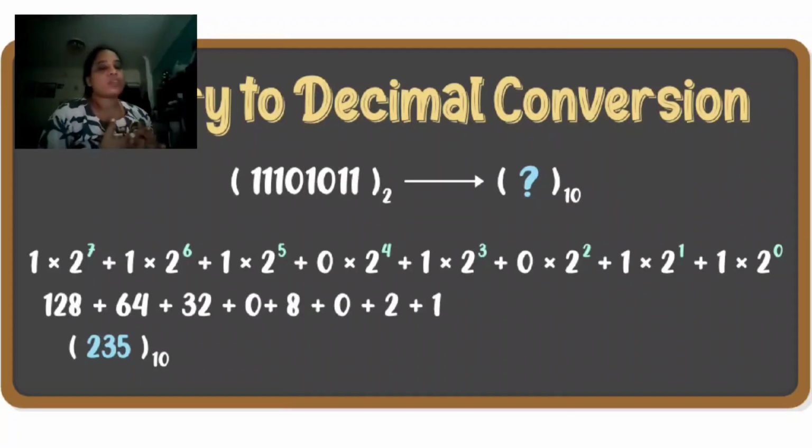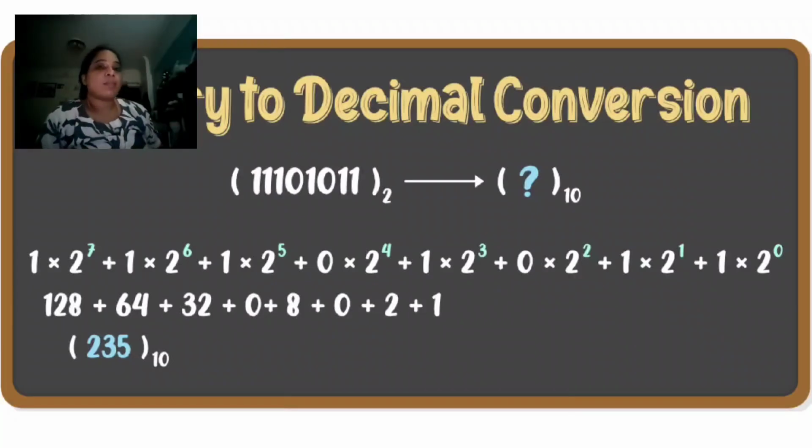In the previous session we saw decimal to binary, decimal to octal, and decimal to hexadecimal. If you want to convert decimal to binary, you should use base 2. Decimal to octal means we should use base 8, and decimal to hexadecimal means we should use base 16. Next, let's move on to the binary number system.